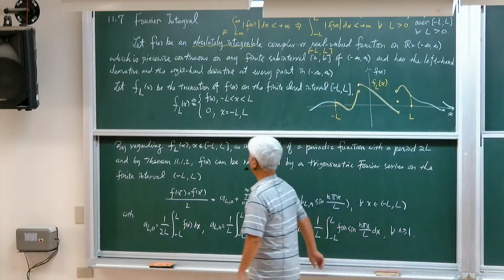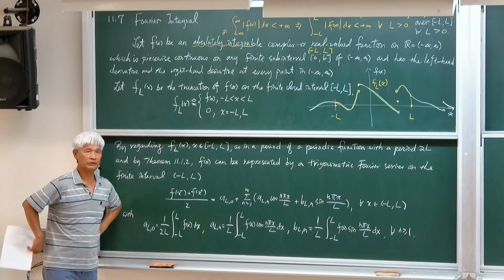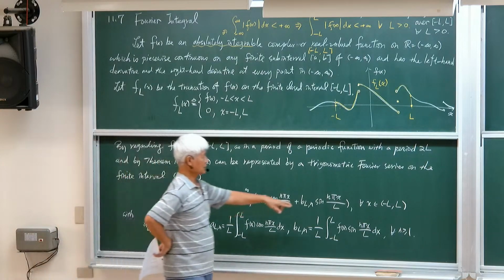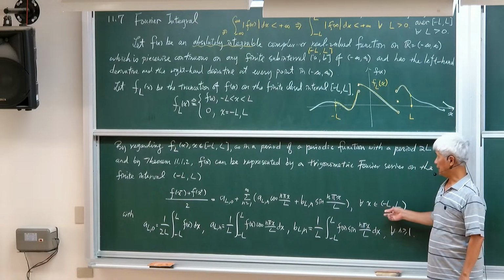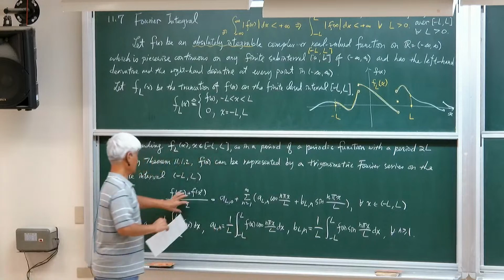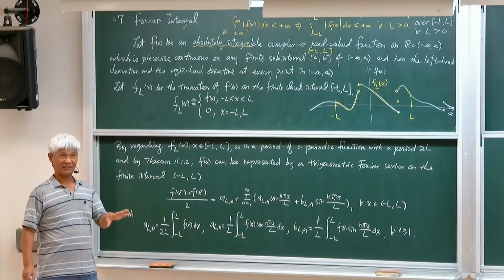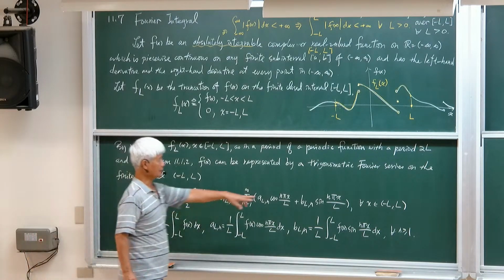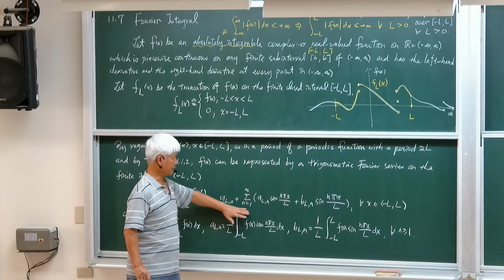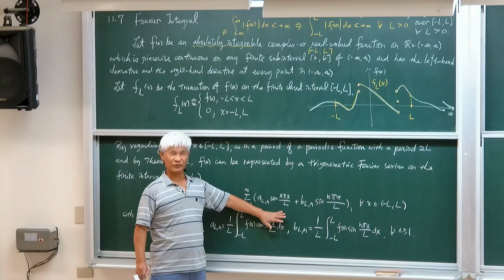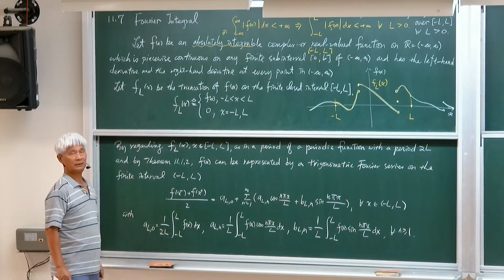So with the truncation, and from theorem 11.1.2, for every x in this finite interval, we know that the average of the left-hand and right-hand limits of the function f at every point x in this finite open interval can be represented by this trigonometric Fourier series, and the coefficients should be computed the following way.